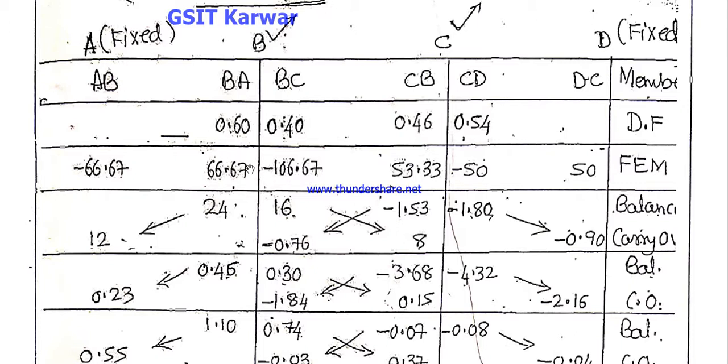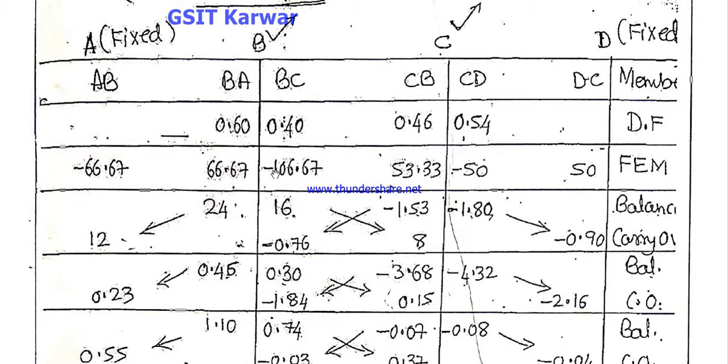If you want, you can write it down. You must write it down, otherwise you will not get it, since I am not writing that step. 66.67 minus 106.67 is equal to minus 40. Is it clear? You get minus 40.